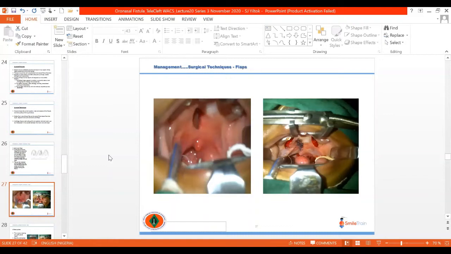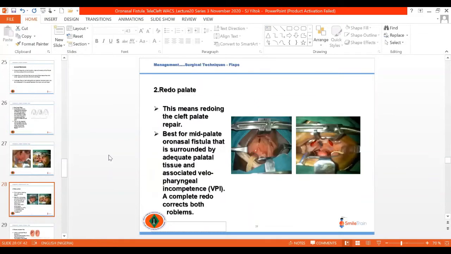The second technique is a complete redo. In such a situation, one is going to just bring down the entire repair and close it as if one is doing a fresh repair completely.